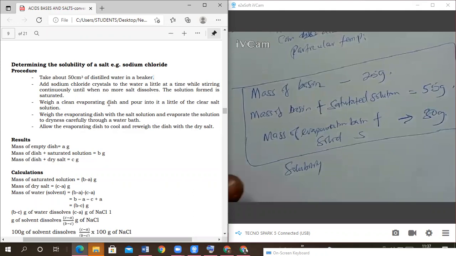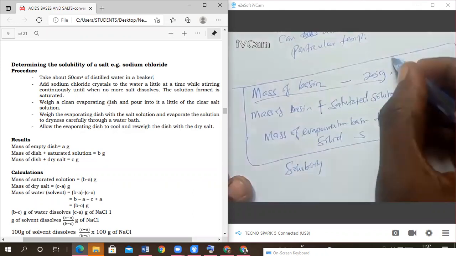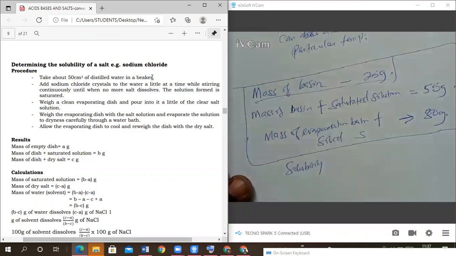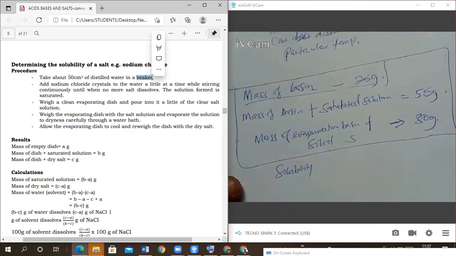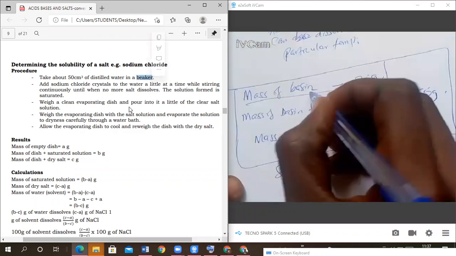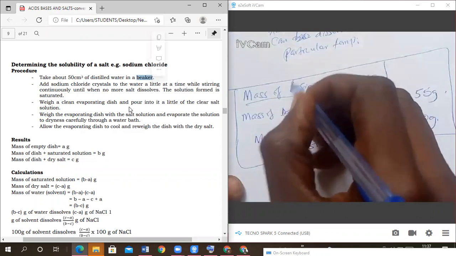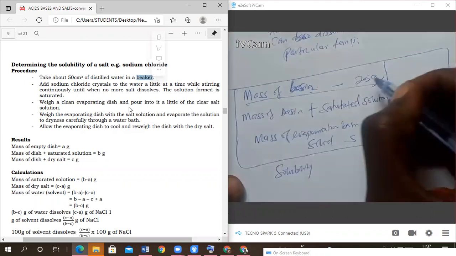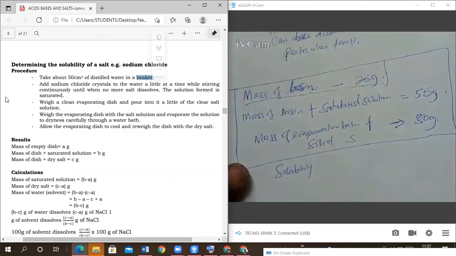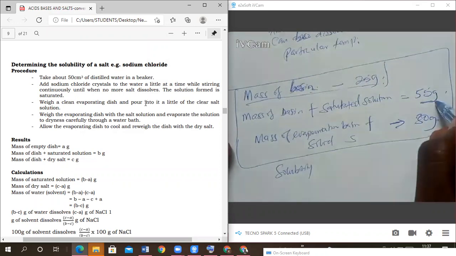This is what they have. So here we have the mass of the beaker. Let's take this as our beaker. It was 25 grams. Now here they are saying weigh the evaporating dish plus the clear salt solution. This is now the beaker plus the saturated solution that gave us 55 grams.